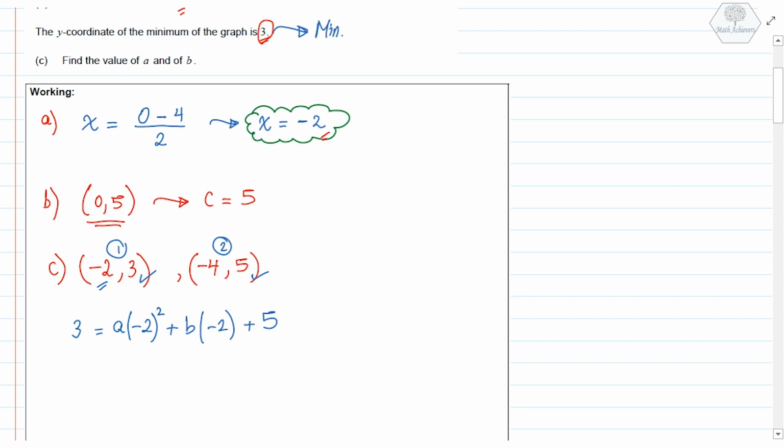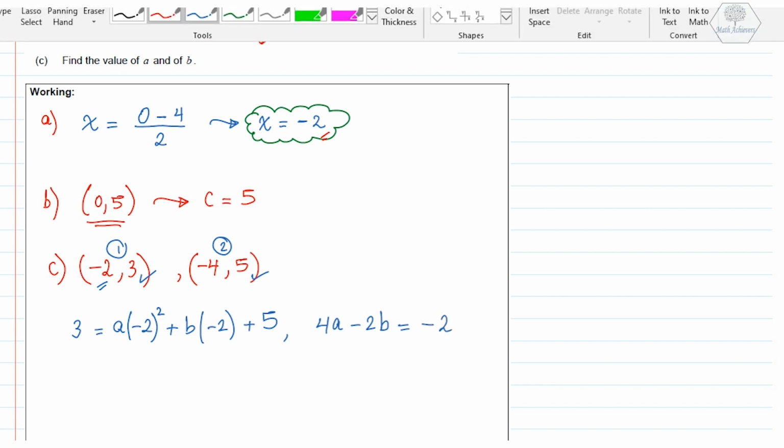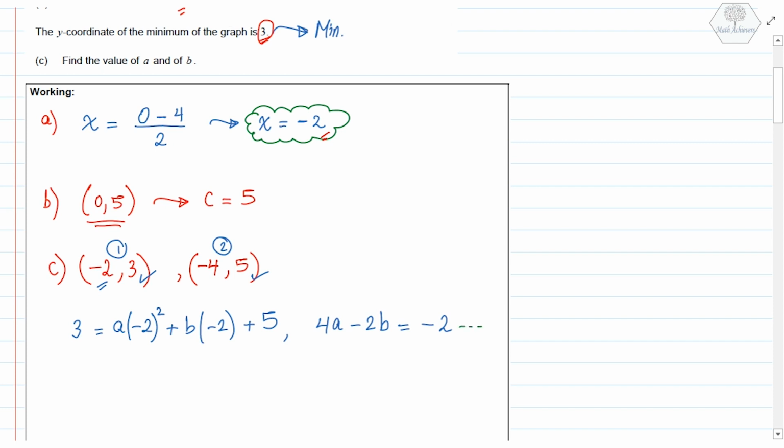Let's just rearrange this equation. I'll be having 4a minus 2b equal to, taking the plus 5 to the left-hand side, minus 2. So this is my first equation.